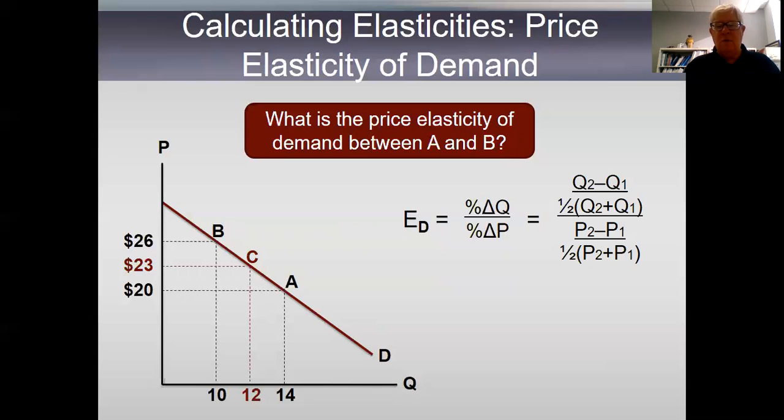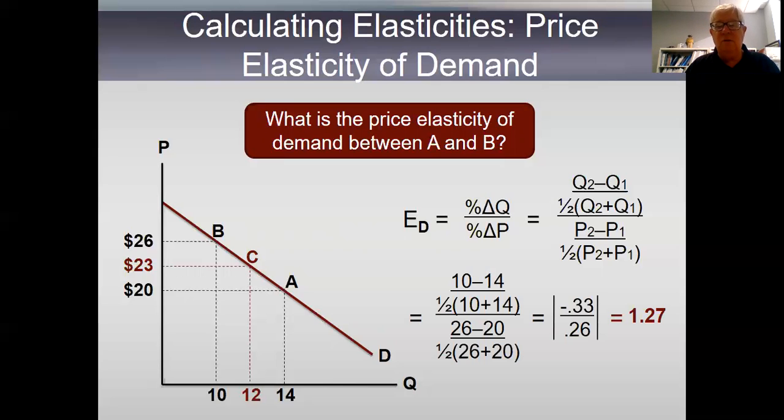That's the numerator of this fraction. We then, in the denominator, take the price associated with point B, which we're calling point 2, and subtract from that the price associated with point A, then divide that by 1/2 the sum of the two prices.